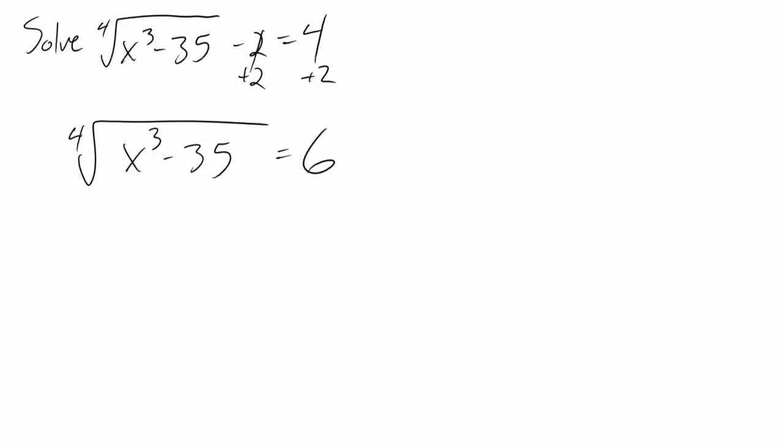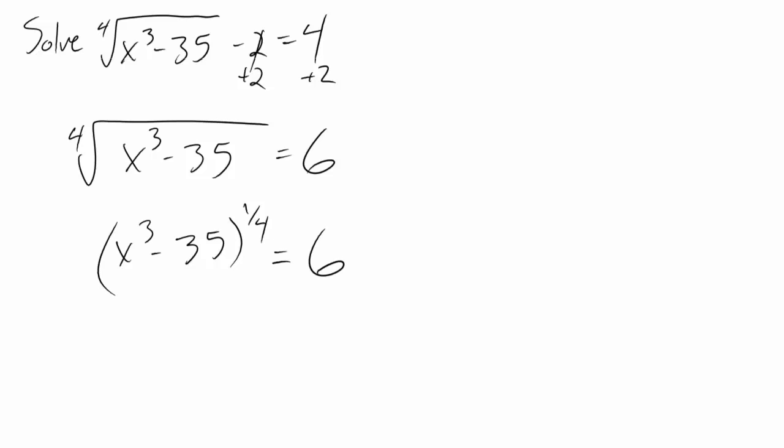Now, there might be an urge for you to start busting out some more logarithms, whether that be natural log or common log, to help you solve this problem, because we'll be able to write this as x cubed minus 35 to the 1/4 power to equal 6.